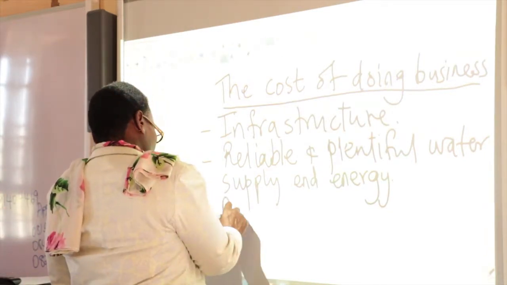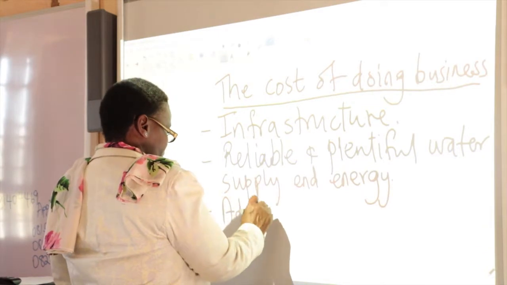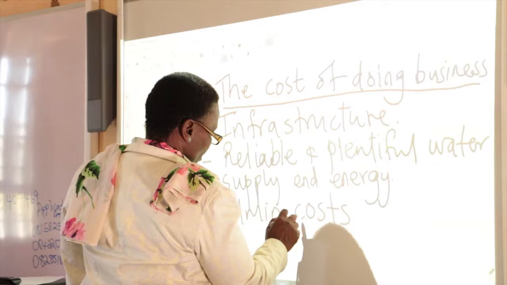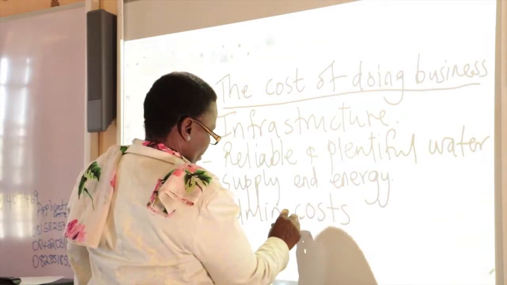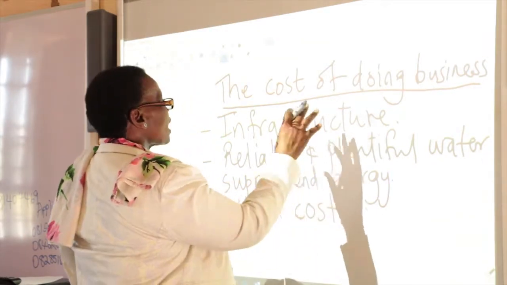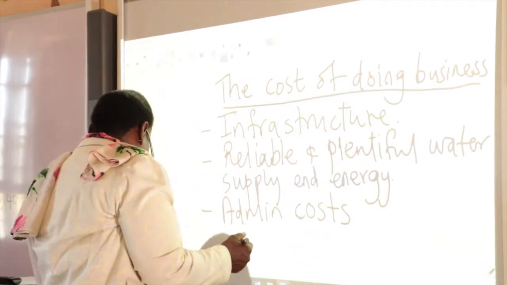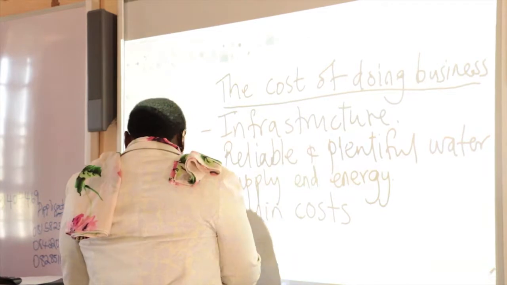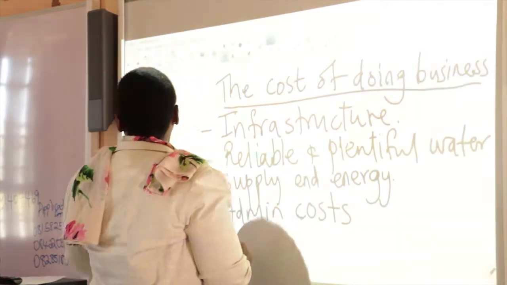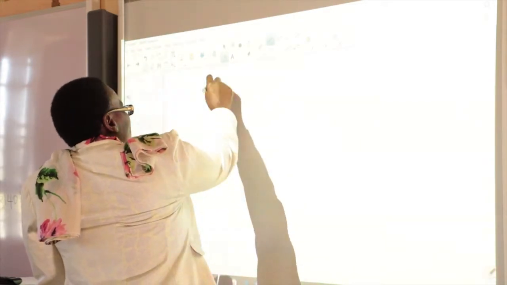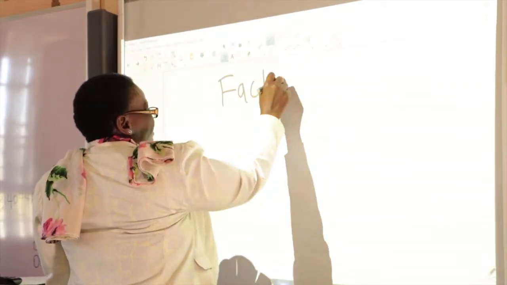So administration costs must also be taken into account. So if the government can come in and try and reduce the cost of doing business, this would also lead to more goods and services produced in the country. And then we also look at the inputs, the factors.